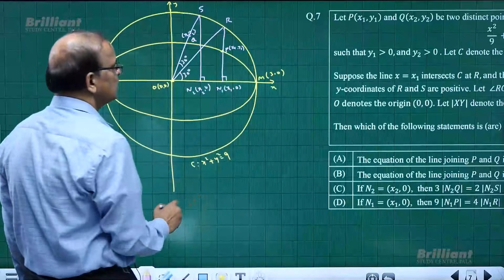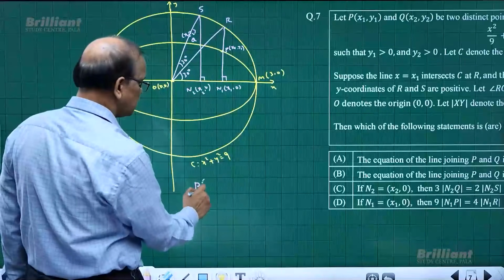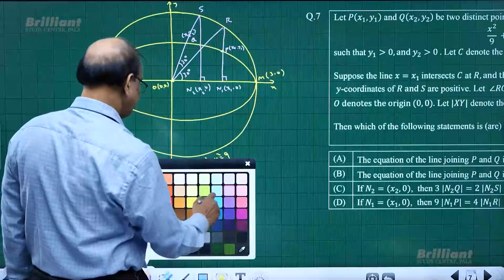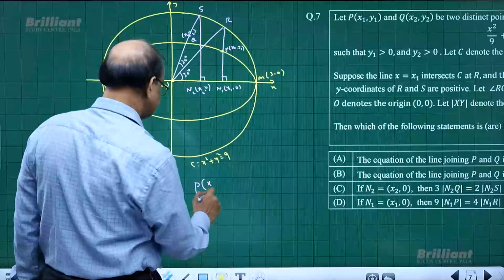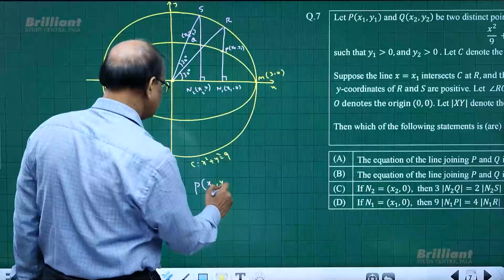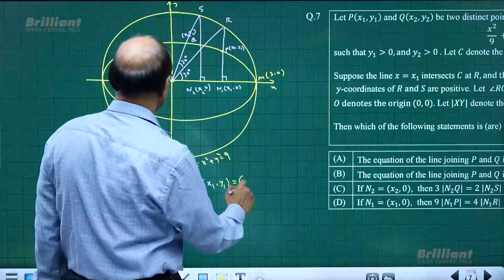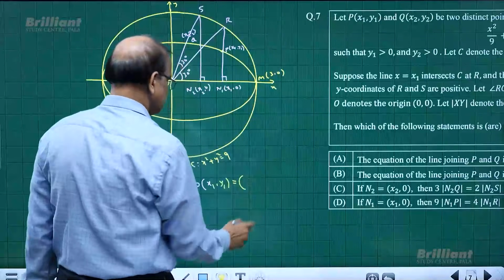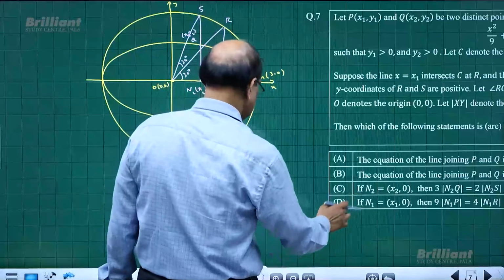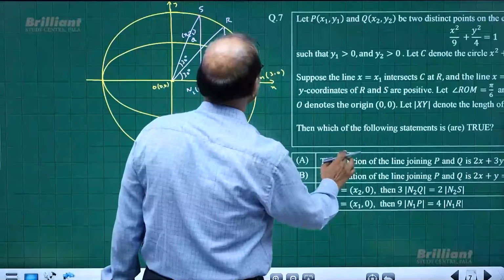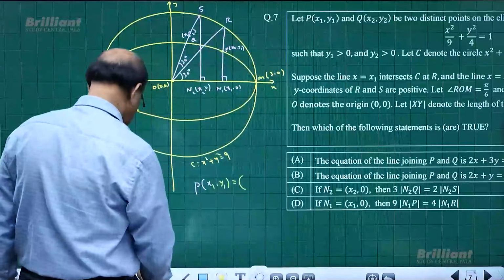So, P(x1, y1) is a cos theta, b sin theta. A is 3 and B is 2.